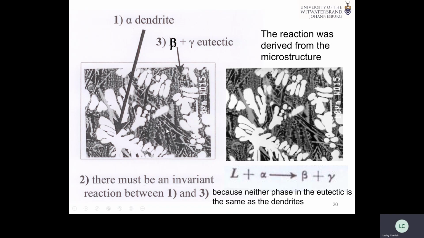So it's 2 different phases. So what's happened is liquid is reacting with the alpha that's already formed. You can see a little bit has been chewed away there to form this, what is now a eutectic. So that's the invariant phase there.